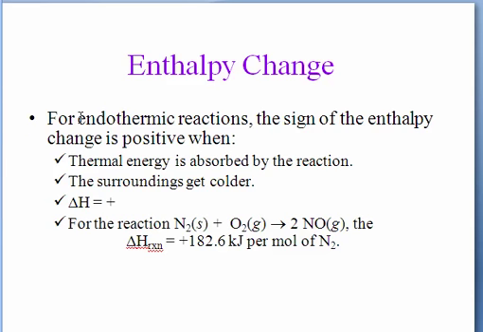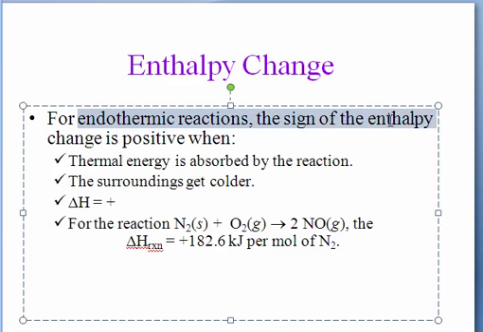If a reaction is endothermic, the sign of the enthalpy is positive. This happens when a chemical reaction needs to absorb heat from its surroundings to occur. And here's an example of that. Here's 1 mole of nitrogen, which reacts with 1 mole of oxygen to form 2 moles of nitrogen monoxide.